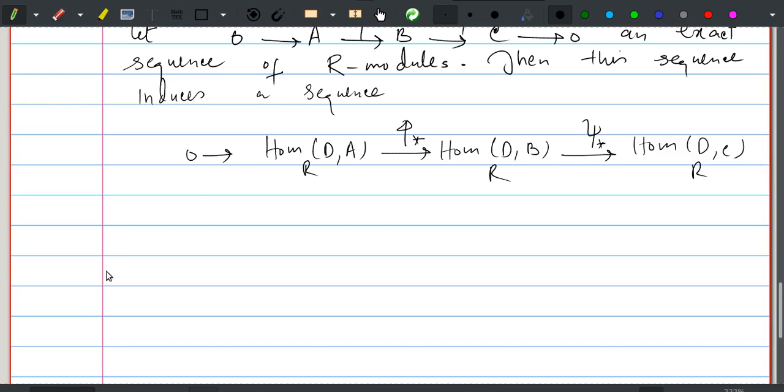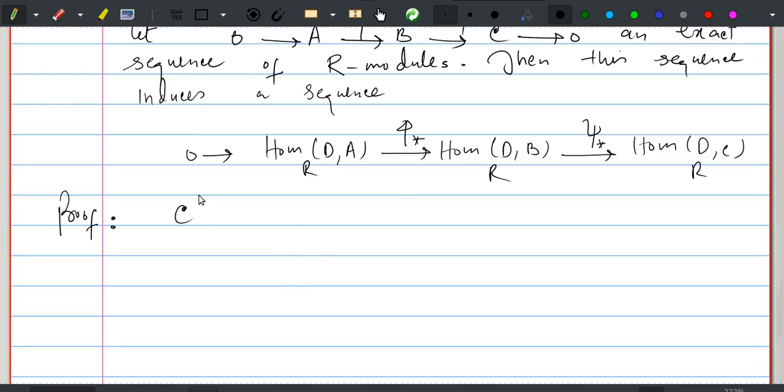That is what we have to prove. First of all, we have to prove it is exact here, i.e. the kernel of this map is the image of the previous map, and that is the same as proving the kernel of phi star is a singleton, i.e. that phi star is injective.